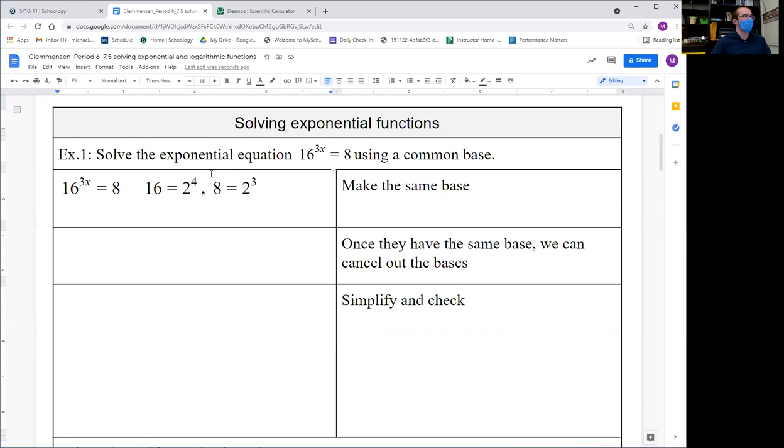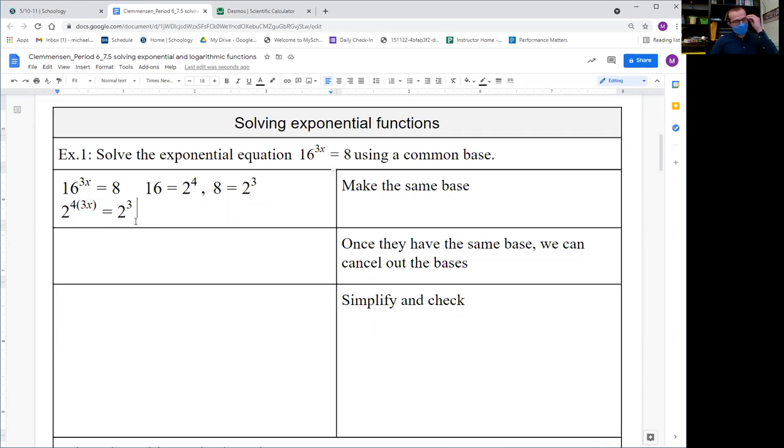Now, once I do those changes right here, I'm just going to replace that 16 with 2 to the 4th, and replace that 8 with 2 to the 3rd. Find and replace. And that gives us 2 to the 4th times 3x equals 2 to the 3rd power.